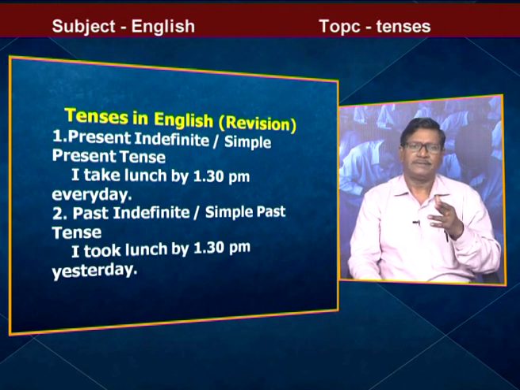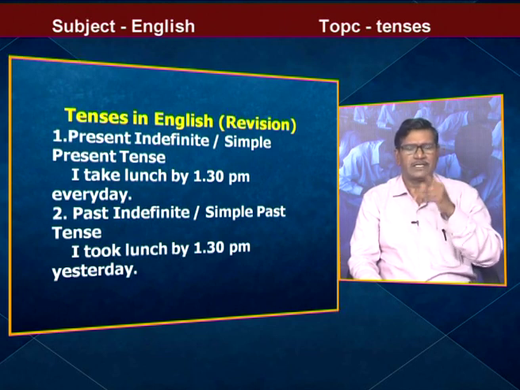Then continuous tenses: present continuous tense, past continuous tense, future continuous tense. Present continuous, now it is going on. Now it is 1:30 PM today, I am taking lunch now. I was taking lunch at 1:30 PM yesterday.